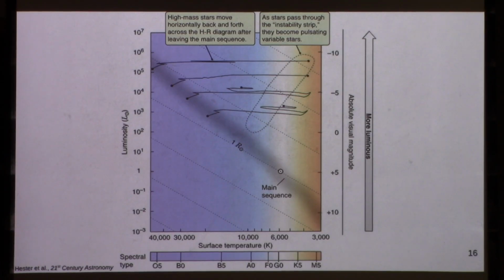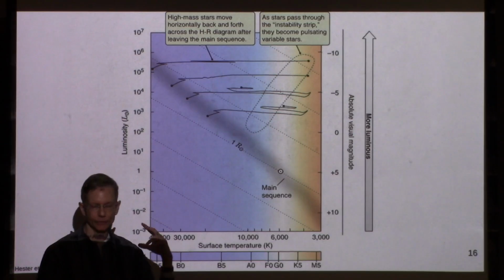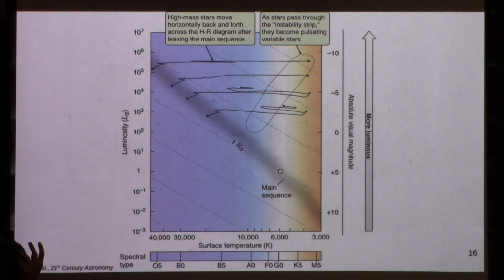We know that the sun slowly brightens on the main sequence. But stars in the instability strip, it turns out, rapidly cycle between pressure being stronger than gravity and gravity being stronger than pressure related to their ionization zones. And as a result of that, they are pulsationally unstable.